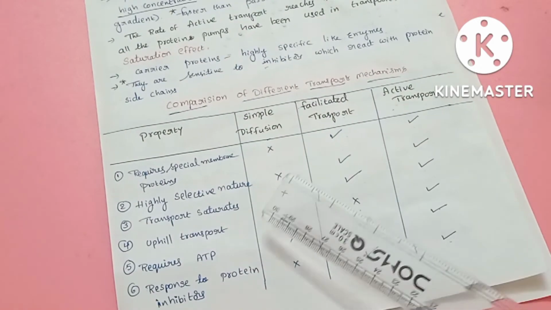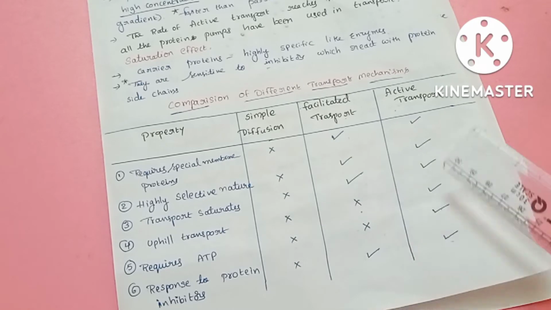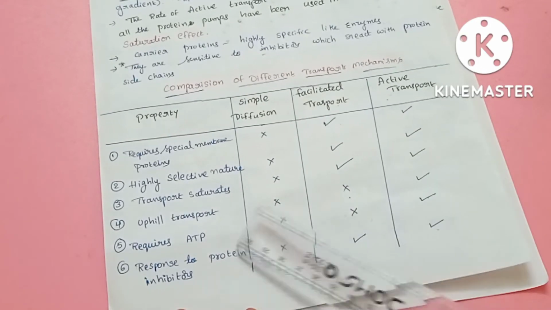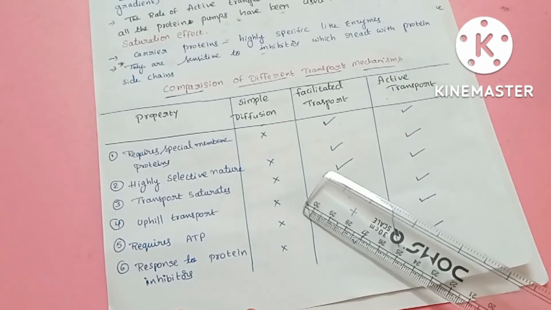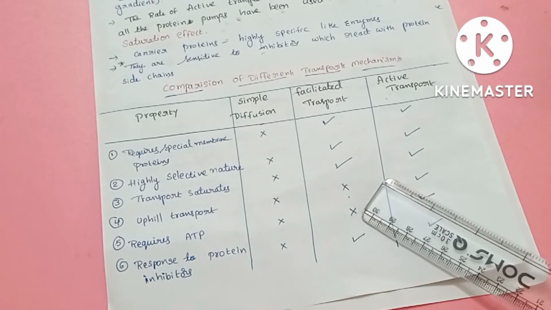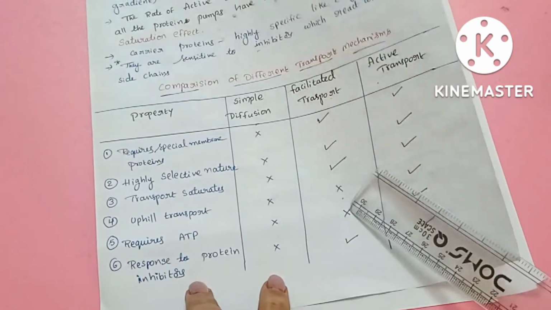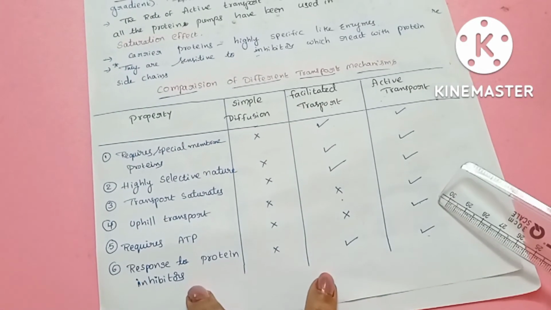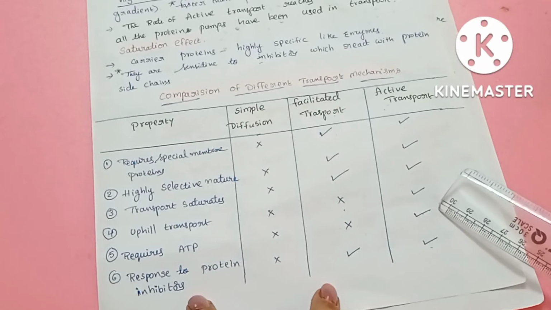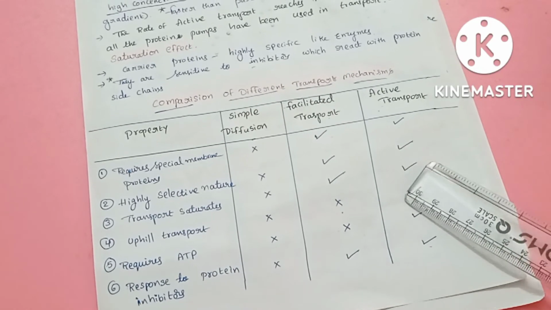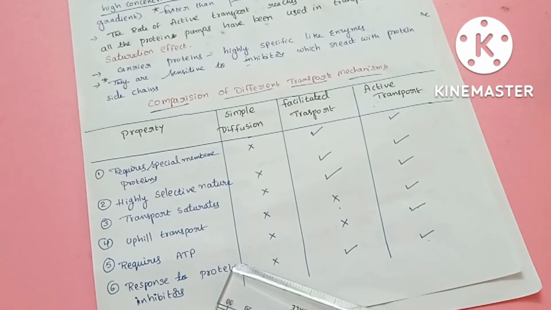That process is called uphill. In these two it is downhill, whereas in the active transport system it is an uphill process and requires ATP. In simple diffusion and facilitated diffusion, there is no utilization of ATP. Hence these two are passive transports. Whereas in active transport, the pumps work by using ATP, right? Hence it requires ATP.